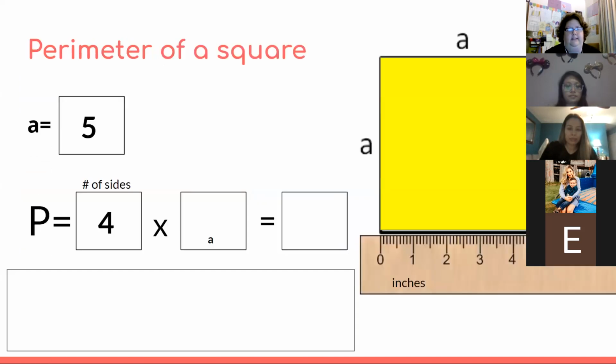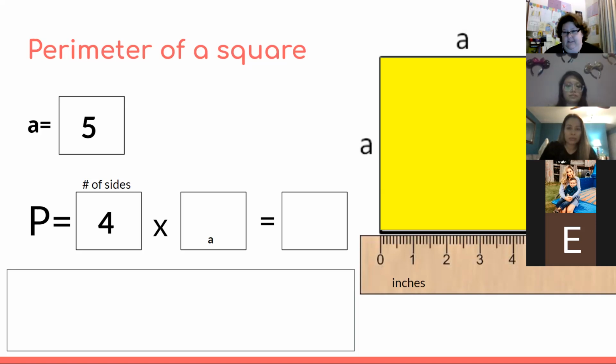Okay, so let's look at this together. You have a square, and we know that the square, all the sides are the same. So we use our ruler to measure out one of the sides, and it's 5. So we would do A equals 5.